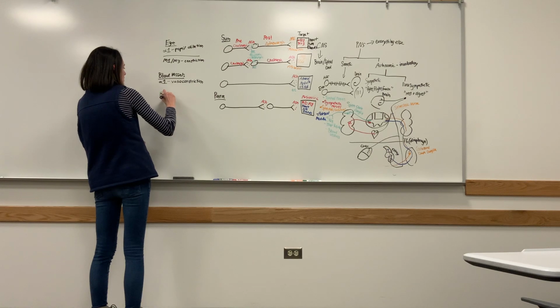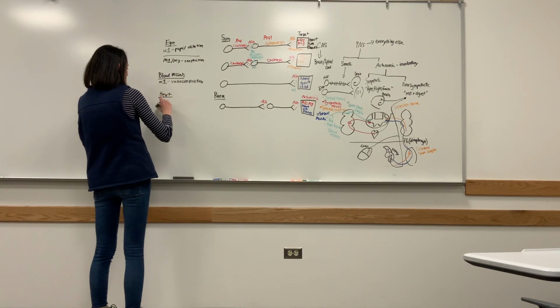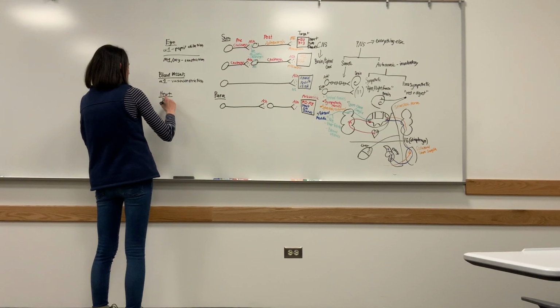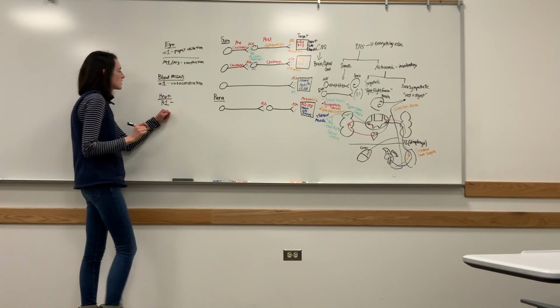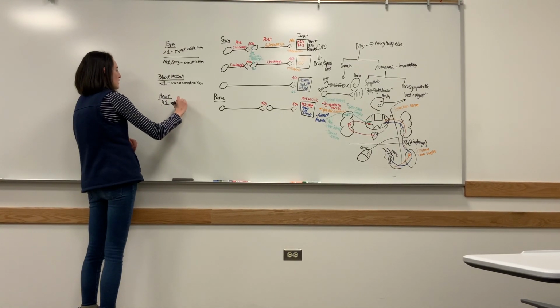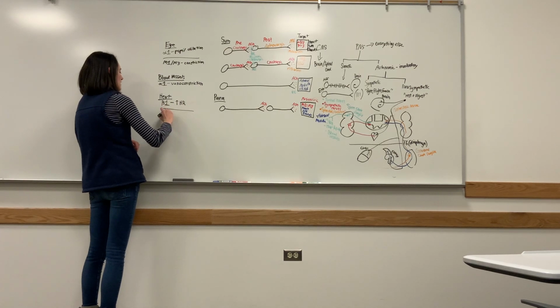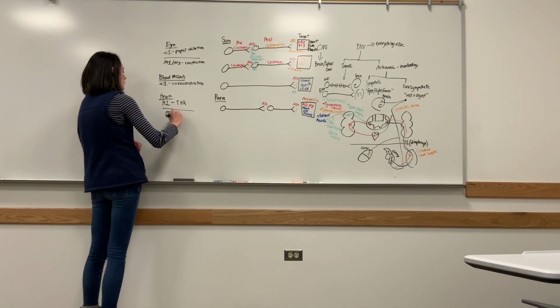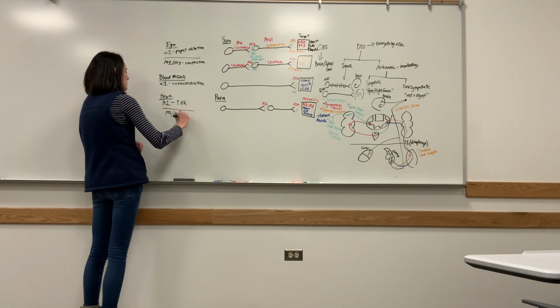Then we have the heart, which is going to have beta-1, which will increase the heart rate, and M2 and M4, which will decrease the heart rate.